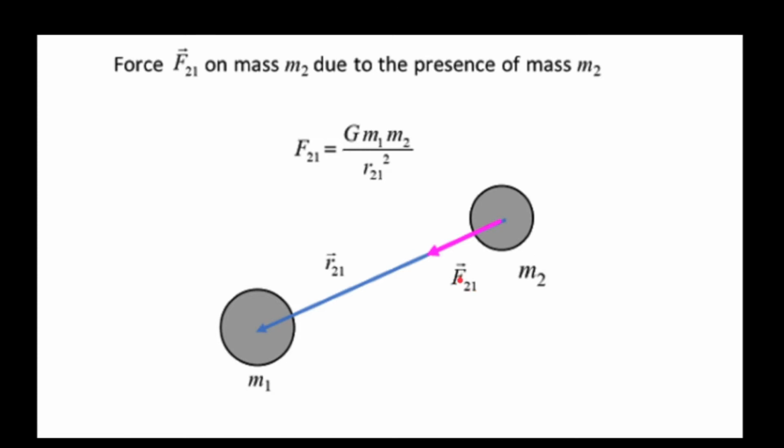So therefore, this is a vector representation, and the force should be taken as a vector. F21 is the force on mass 2 due to 1. Likewise, F12 is the force on M1 due to M2. So we can say that the vector F21 is equal to minus F12.